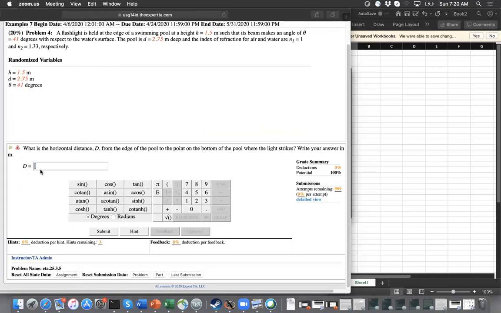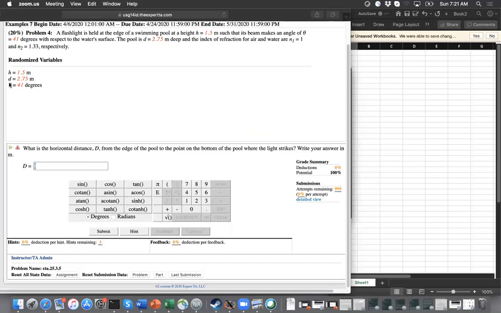So at first we could try and approach this with our standard thing. We're interested in getting the parameter d, which is written here. I'm not going to repeat it because we're going to need a lot of space for this particular problem. So we're looking for this parameter d. What we know is the height the flashlight is above the surface of the pool. We know the distance, 2.75 meters, is the depth of the pool. And we know the angle that it strikes the surface at is 41 degrees.